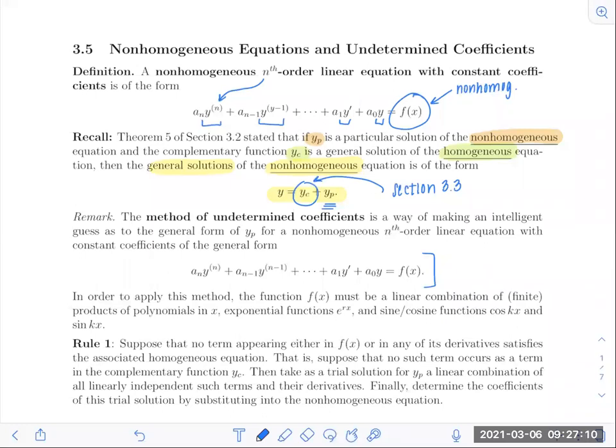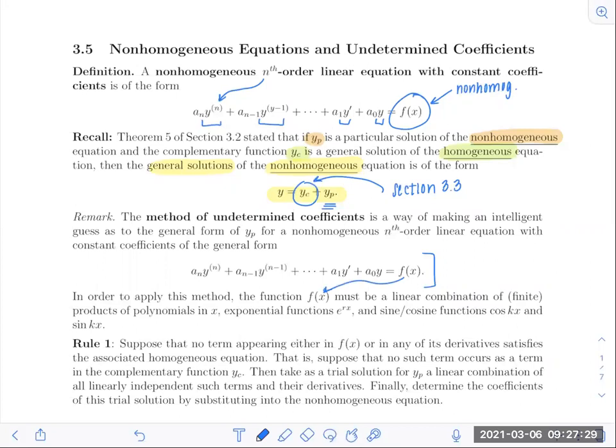In order to apply this method, the function f of x, again, that's just the function on the right-hand side, must be a linear combination of finite products of polynomials in x, exponential functions e to the rx, and sine and cosine functions, cosine of kx and sine of kx.